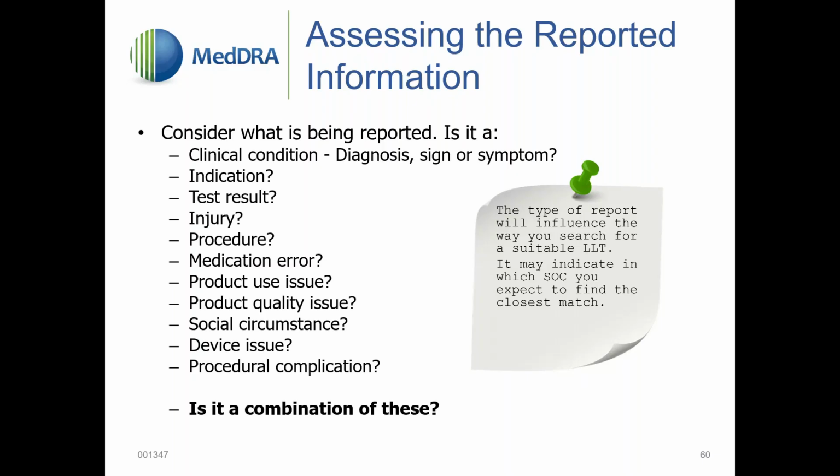If something is reported vaguely, don't try to make more sense out of it. Remember the fundamental MedDRA coding rule, code as reported, and do not add or subtract information when coding. So break the information down to find out what was actually reported, and this will help you to find the best way to find it in the browser.